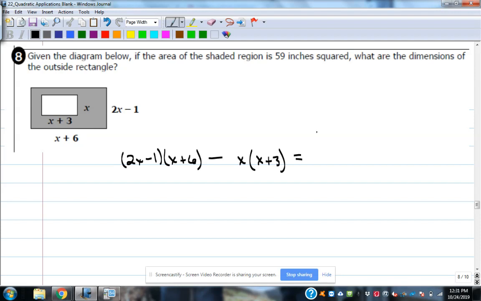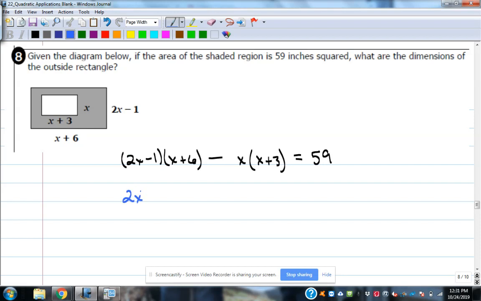And that would be just the shaded part, which we know is how much? 59. So we're taking the area of 2 different rectangles and subtracting them. And that's going to build us what we need.